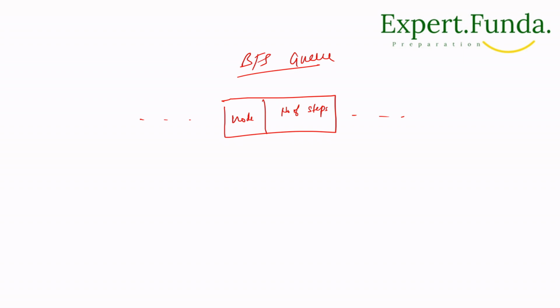The first value would be a node, the second value would be the number of steps used so far, and the third value would be the color of the edge, so that we know the color through which the current node was reached. So we have taken the node first, the number of steps second, and third, the color of the edge through which the current node was reached.